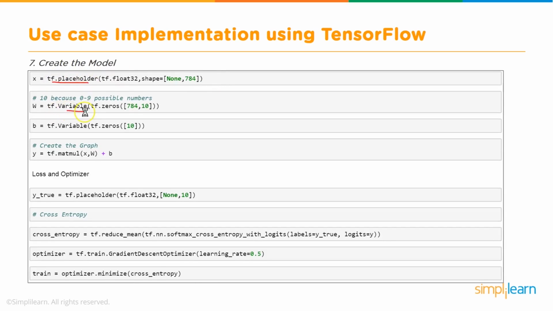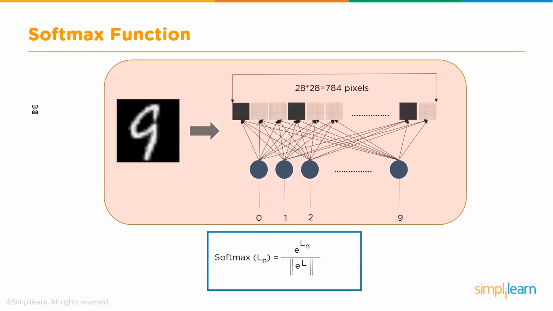And then of course you will have variables, which are, remember, your weights and biases. In our case, there are 10 neurons, and each neuron takes all the inputs. If we go back to our slide here, every neuron takes all the 784 inputs. This is the first neuron, it receives all the 784.